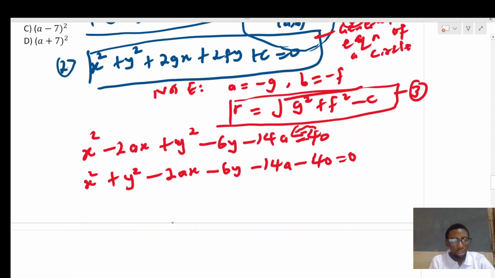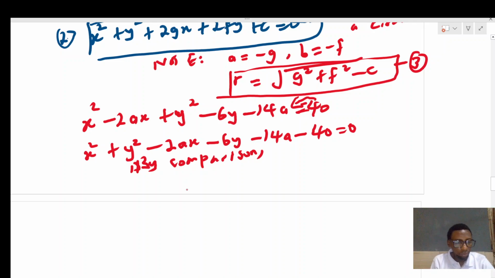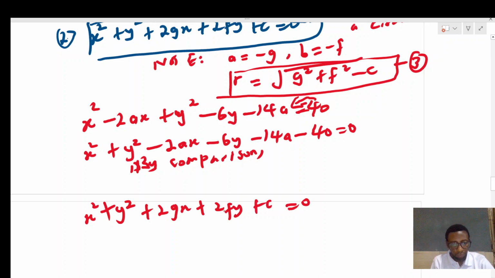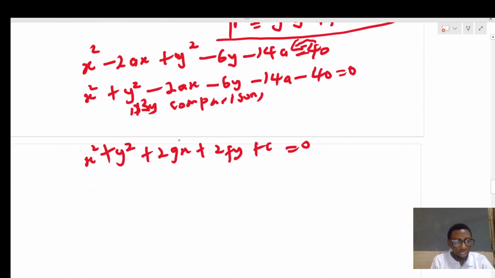By comparison, if I use x squared plus y squared plus 2gx plus 2fy plus c equals 0, I can easily say this is the same as this, that is minus 2ax is equal to 2gx.